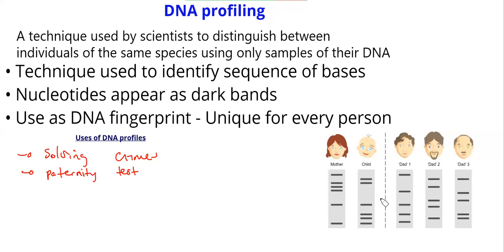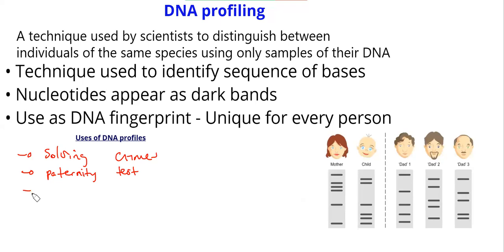Here we can see the child and its own bands, and we have daddy number 1, 2, and number 3. Which one do you think is the father here? I want you to comment and tell me which one you think is the father.